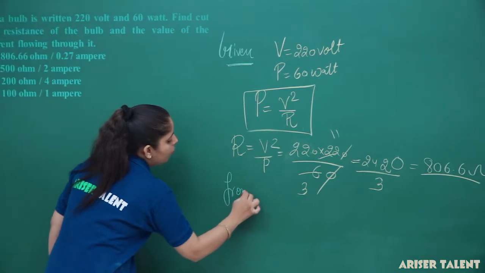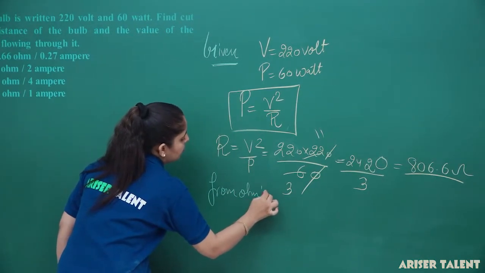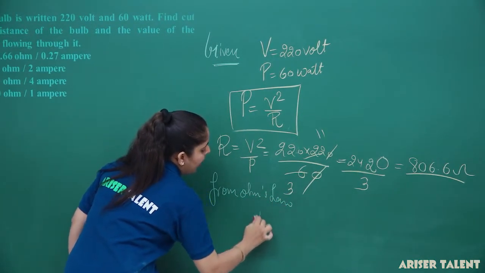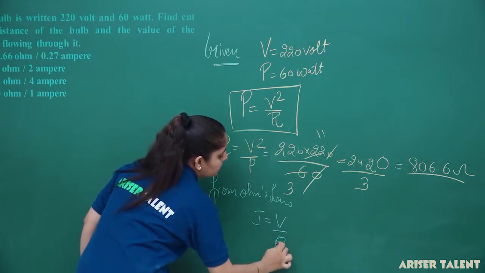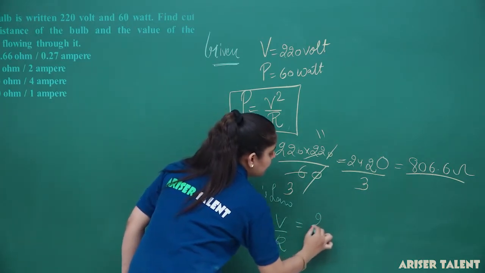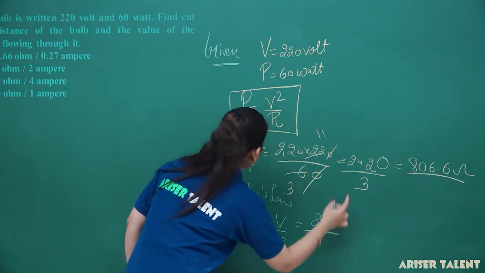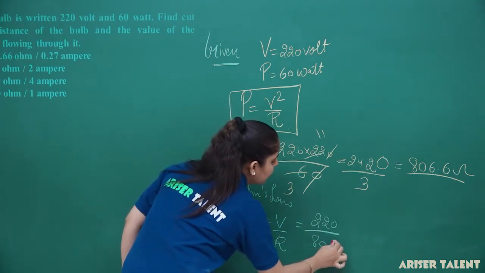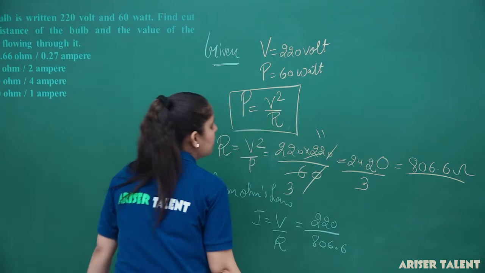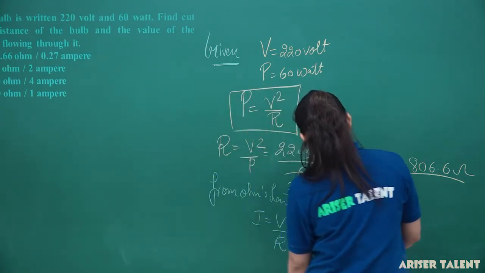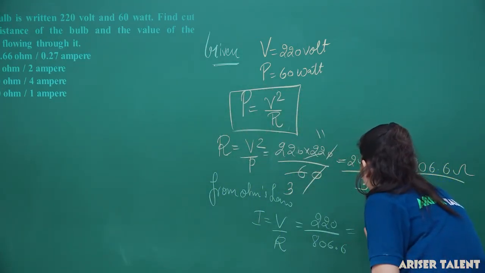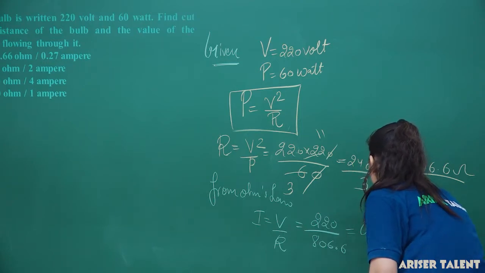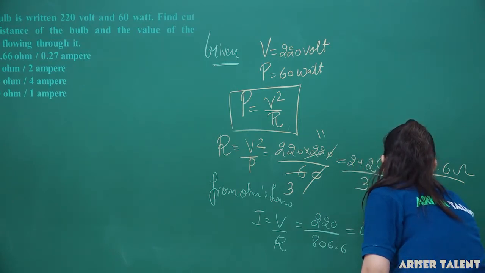So from Ohm's law, I will be equal to V upon R. Voltage is 220 and resistance we have calculated approximately equal to 806.6. So the value of current from here will come out to be approximately equal to 0.27.